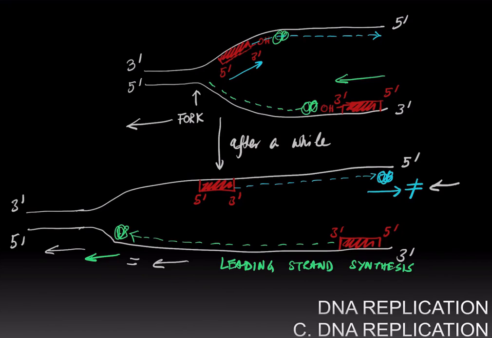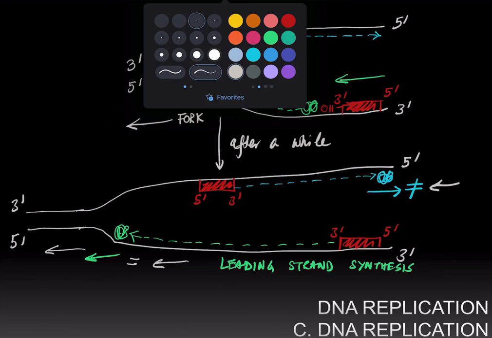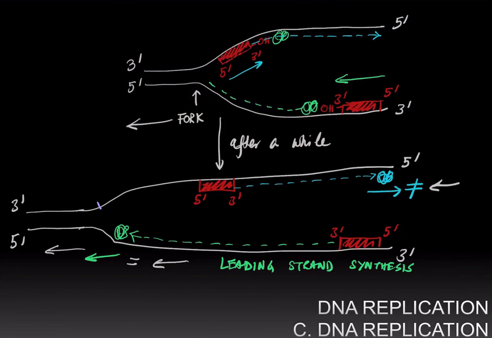And what that means is that new template DNA in this purple segment has been exposed that was in a double-stranded form previously, and no daughter strand has been synthesized.